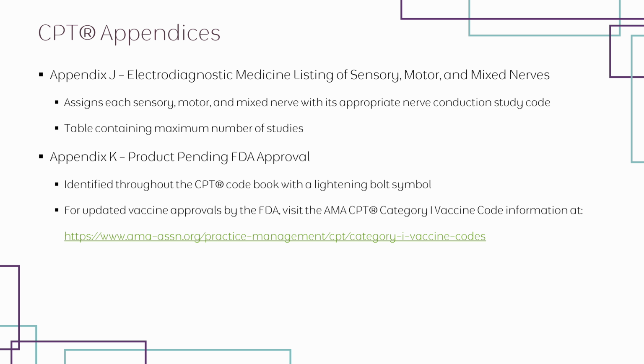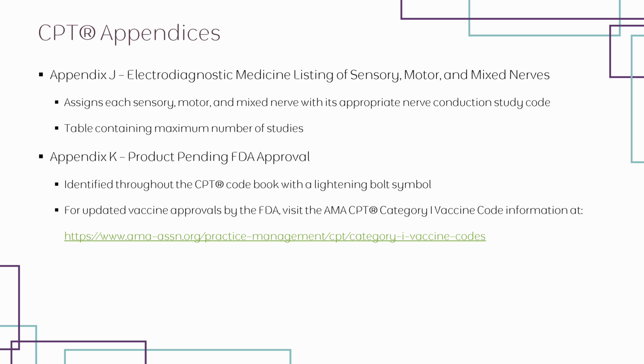Now, let's turn to Appendix J. Appendix J provides a detailed summary that assigns each sensory, motor, and mixed nerve to its corresponding nerve conduction study code. This resource helps enhance the accuracy of reporting for nerve conduction studies by matching the appropriate codes to the specific nerves that are being tested.